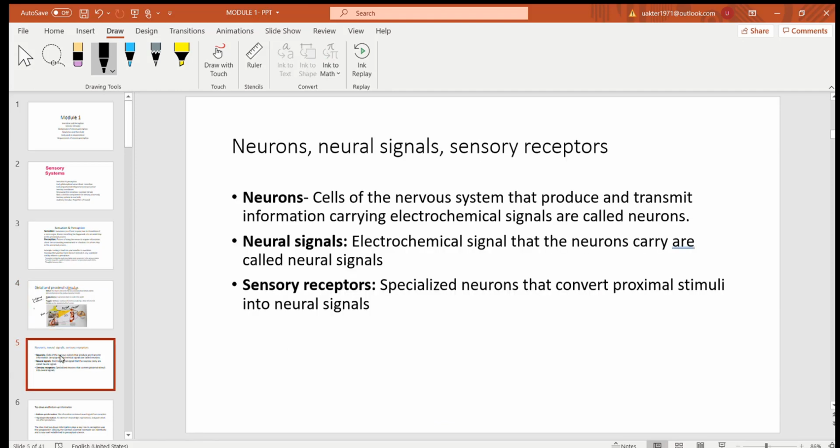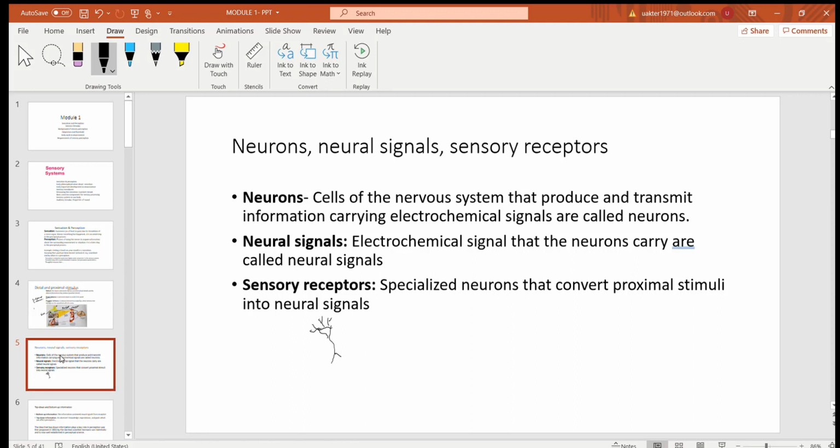Now, to understand the sensory systems, you need to understand the structure of the brain. The human brain consists of hundreds of billions of cells, and each cell is a neuron. So the cells of the brain are the neurons, and neurons are connected to each other.